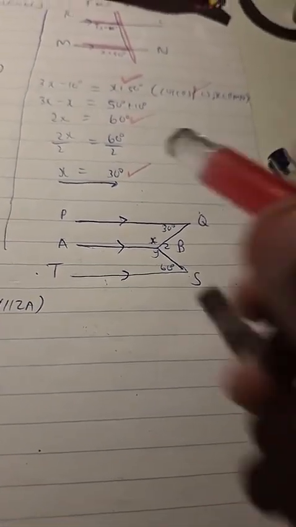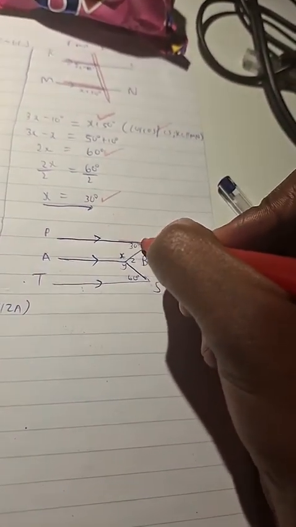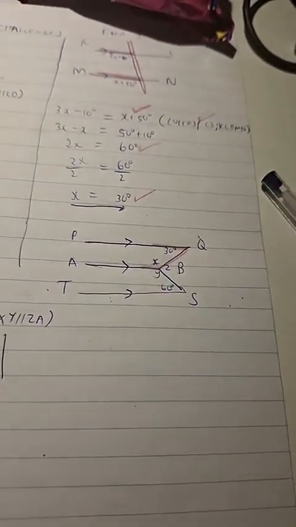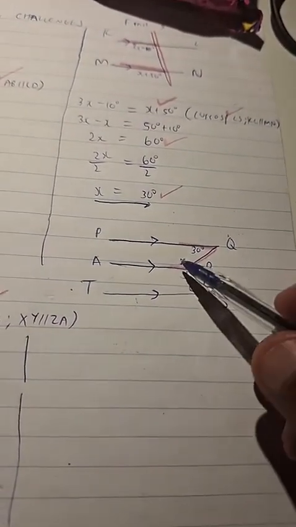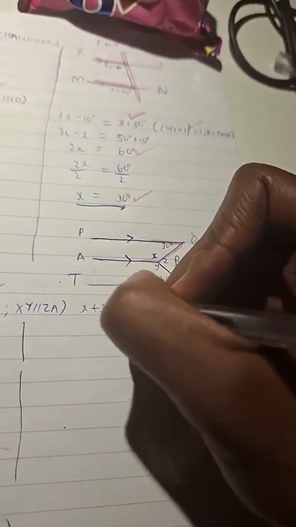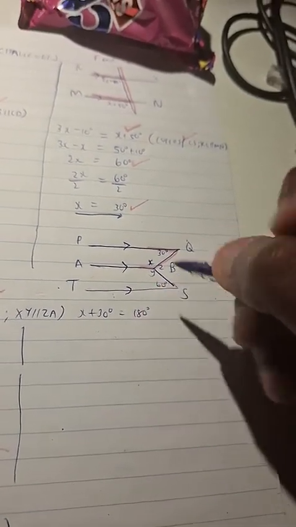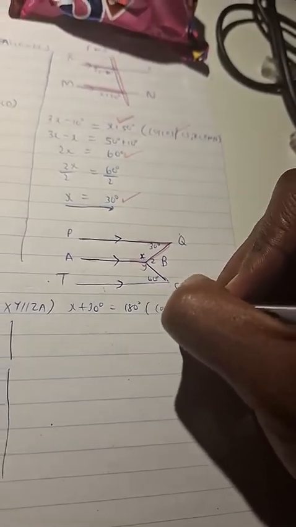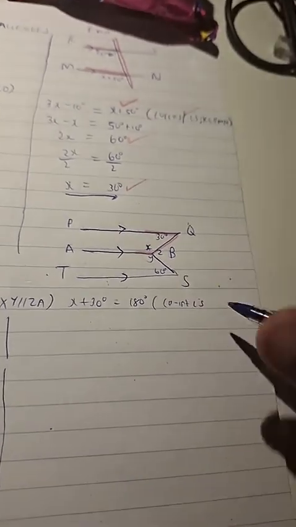What shape do they form? They form the U shape, right? So U shape between parallel lines. So x and 30 have what kind of relationship? It means x plus 30 degrees is equal to what? 180. What's the reason? Co-interior angles.